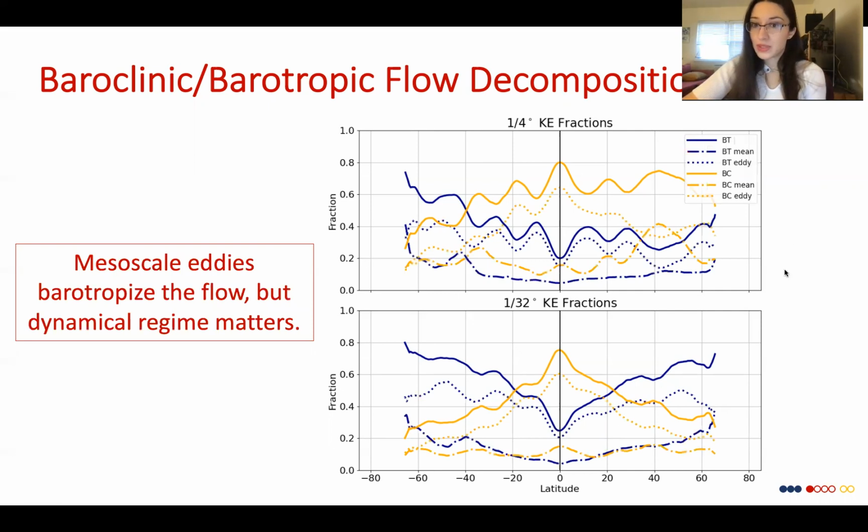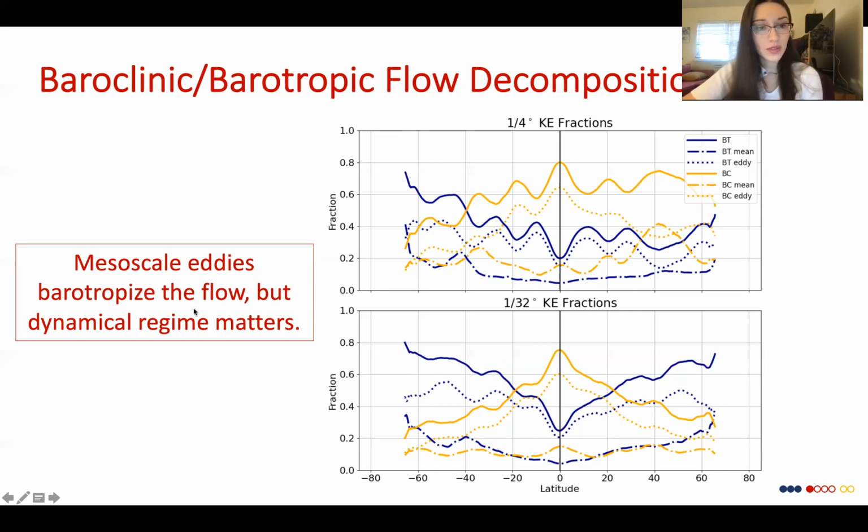We can also split these into mean and eddy components. And you can see that the main transition between the 1/4 of a degree case and the 32nd of a degree case is that now in the 32nd of a degree case, the mean flow is relatively weak. So it's only about 20% or less of the total kinetic energy. And the eddy component is really what's dominating, in particular, the barotropic eddy component.